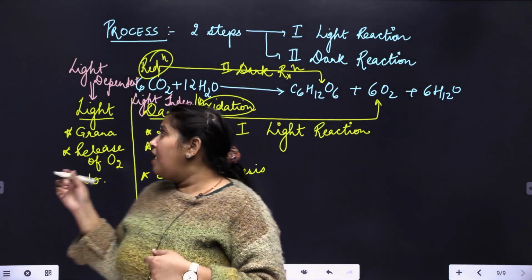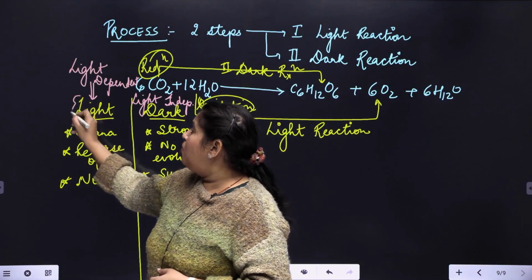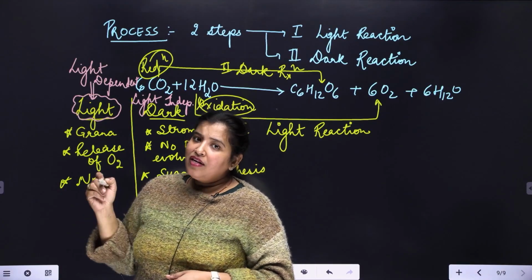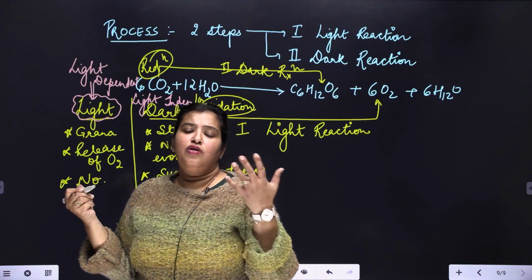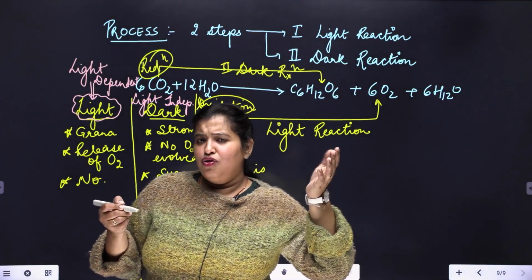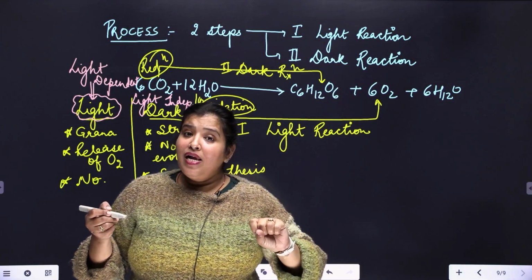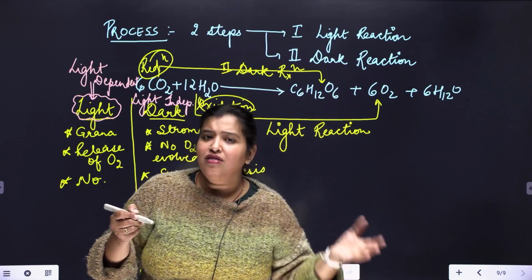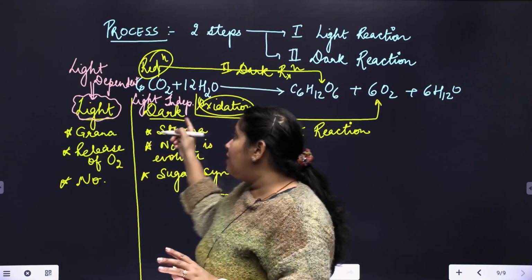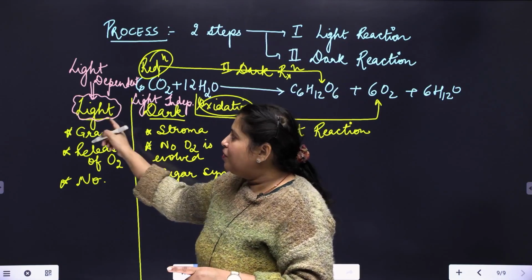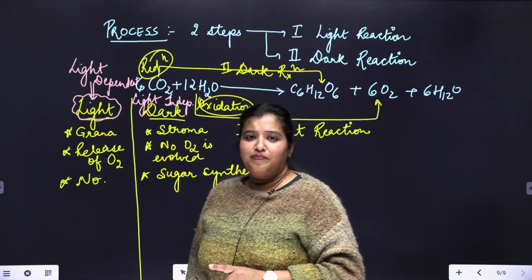That means light reaction will always happen in the presence of light. And dark reaction, as the name is usually misunderstood, will happen in dark? No. It will happen independently of light. Whether light is present or absent, dark reaction can be carried out depending on the products of light reaction.